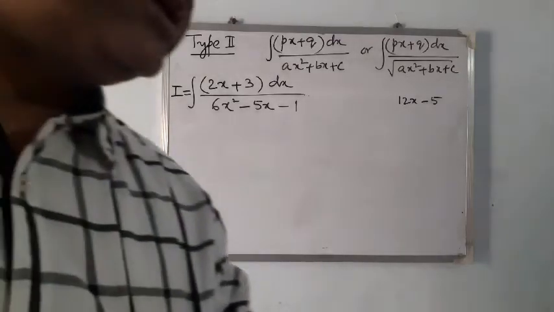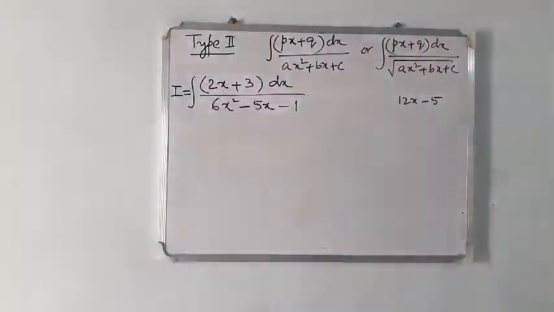Now, boys, we have to discuss type 2. That type 2 contains integral (px + q) dx by (ax² + bx + c), or integral (px + q) dx divided by root over (ax² + bx + c).